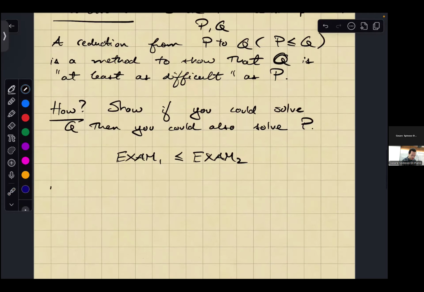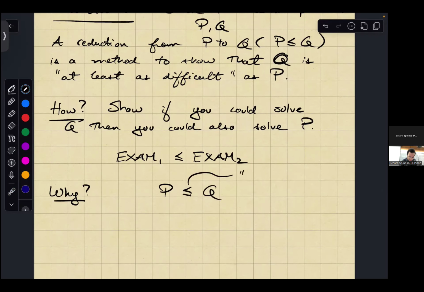And so then why do we do this? How is it relevant to what I talked about at the very beginning, that is decidability and Turing recognizability? So we do this because if we've shown that P reduces to Q, right?